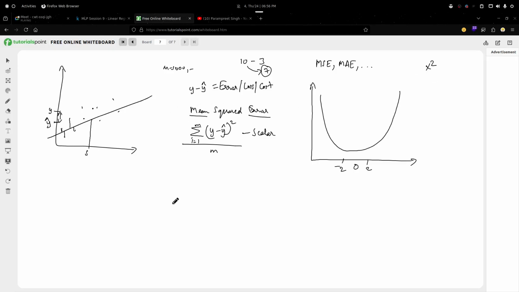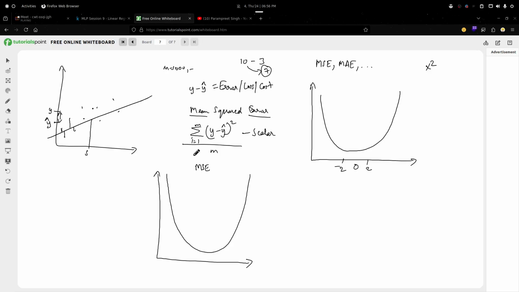Similarly, for the mean squared error, we have the same graph, a square parabola. You can also say it is a bowl. This is the mean squared error graph, the same as the graph we have for square functions like x square.